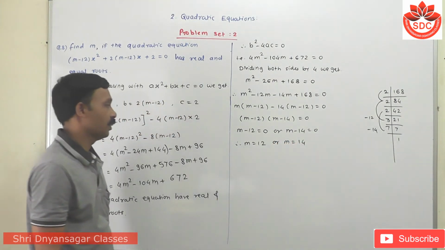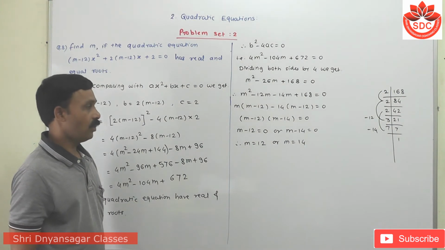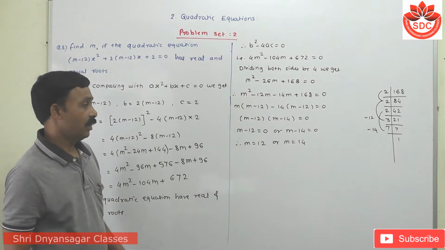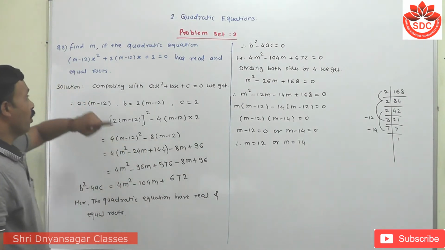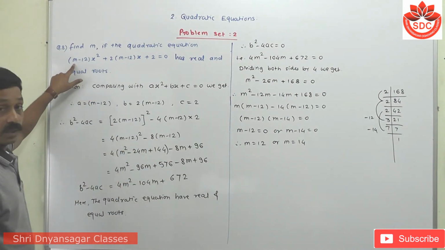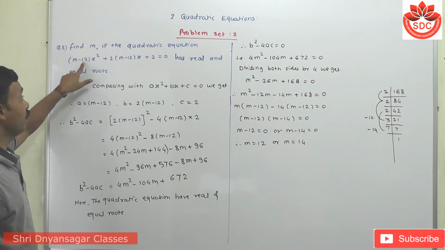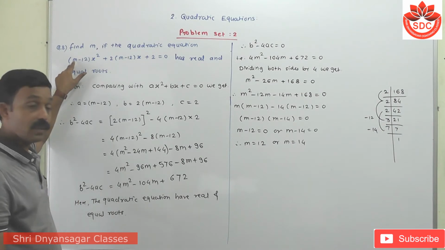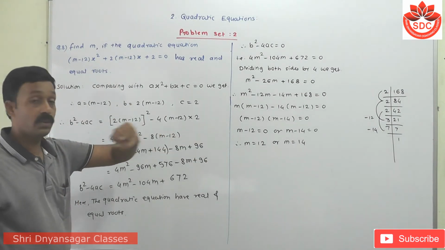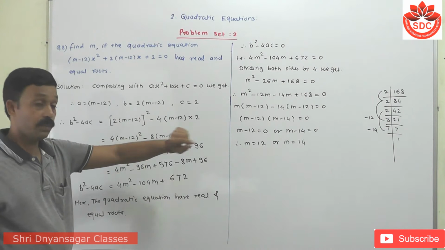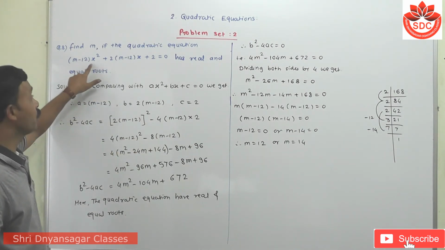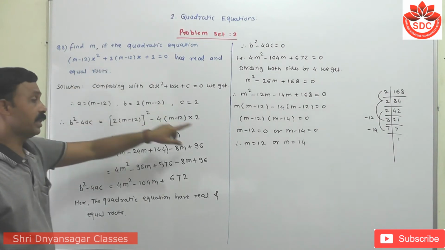Now student, out of these, one is not acceptable, because when we substitute the value of m as 12 here, look carefully, 12 minus 12 becomes 0, meaning the value of a is 0. In a quadratic equation a is not equal to 0, so m is equal to 12 is not acceptable, but m is 14. Why? 14 minus 12 is equal to 2, meaning 2x square, the value of a is 2, so this is acceptable.